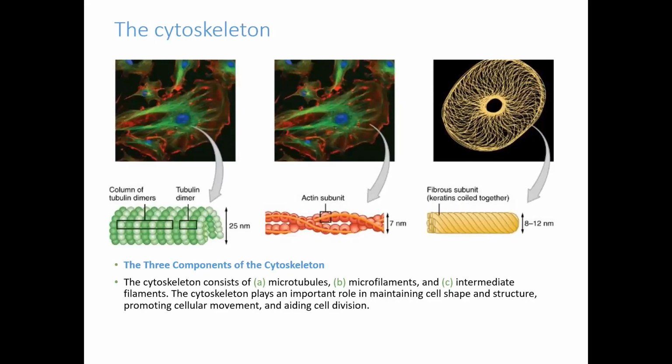And the microtubules are going to form tubes. Our spindle fibers are microtubules. The spindle fibers we see during mitosis are microtubules. The microfilaments are the filaments that we see in our muscles.